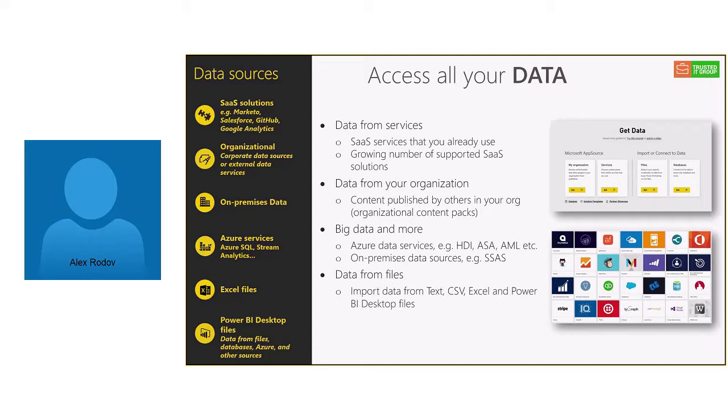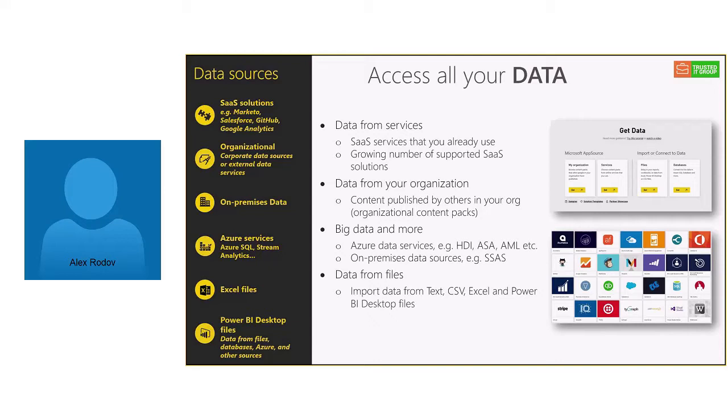All right, organizational corporate data, data on premises, connections to all kinds of SQL servers and services. You see this on the upper right corner, which says Get Data. This is the typical screen that you will see when you click Get Data somewhere in Power BI, either on the web or on the desktop. It will bring up these options, so we can pull from My Organization services, files, and data or databases.